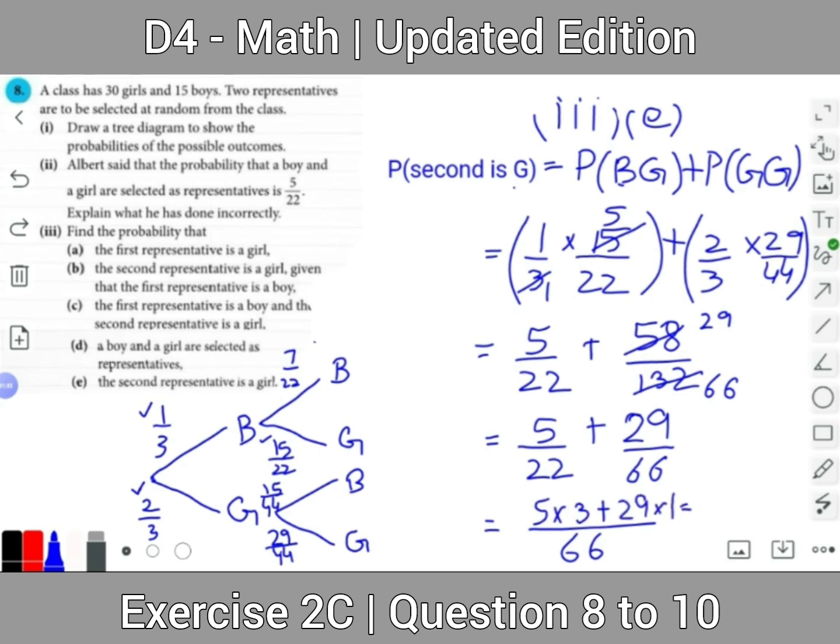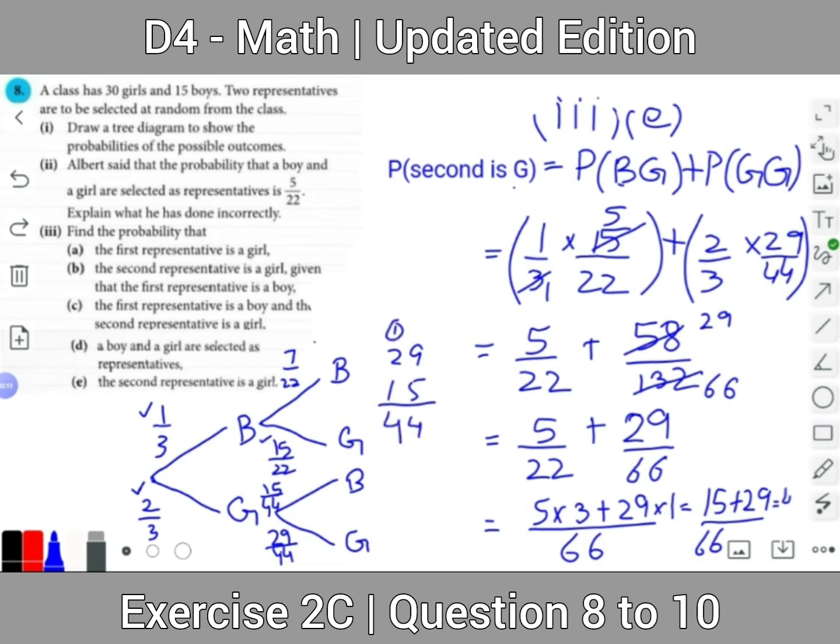Now we have 5 threes are 15, add 29 over 66, and it will be equal to 29 add 15 will be 44.